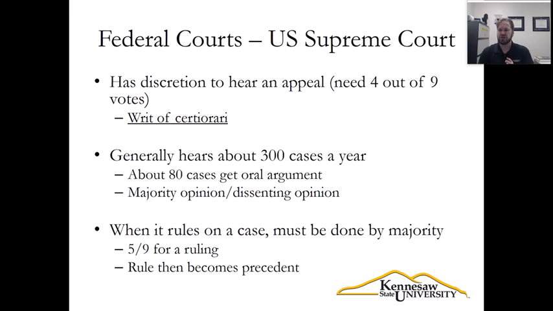And another interesting thing to think about too is the circuit courts, the courts of appeals at the federal level, they do not have jurisdiction over appeals that do not occur within their circuit. So suppose there is an appeal from a case in the Ninth Circuit, which is California and over there.